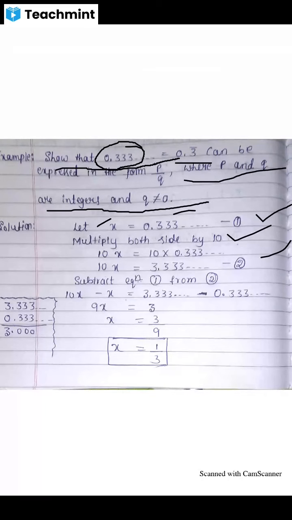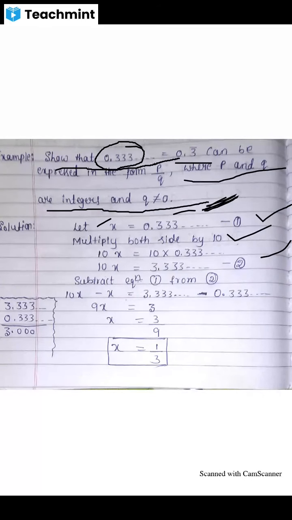Now, very simple. Just observe. The given problem we take in the form of x and call that equation number 1. Now multiply both sides by 10, and we got 10x is equal to 3.333 and so on. Call this equation number 2. Now, what we have to do? We have to subtract equation 1 from equation 2.